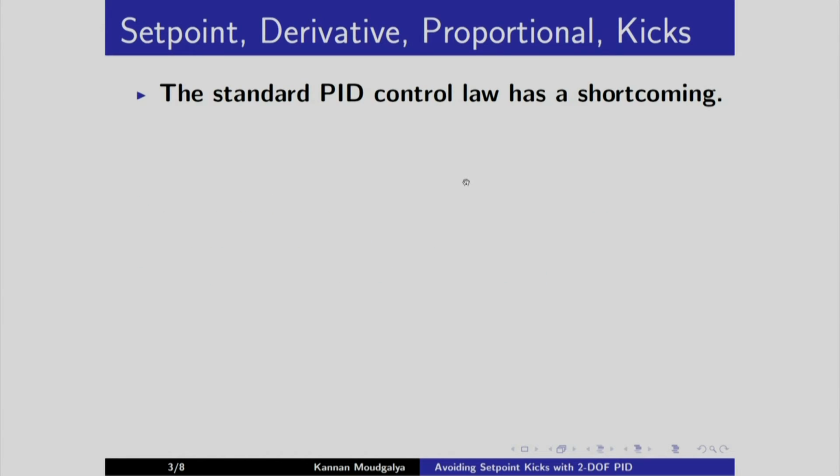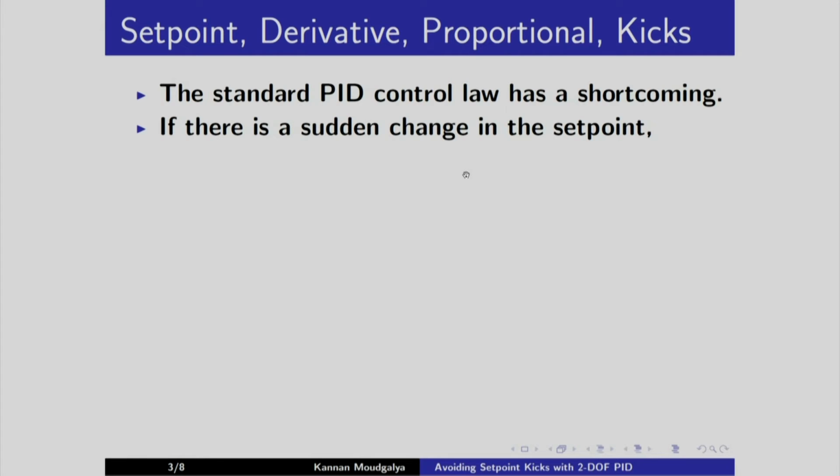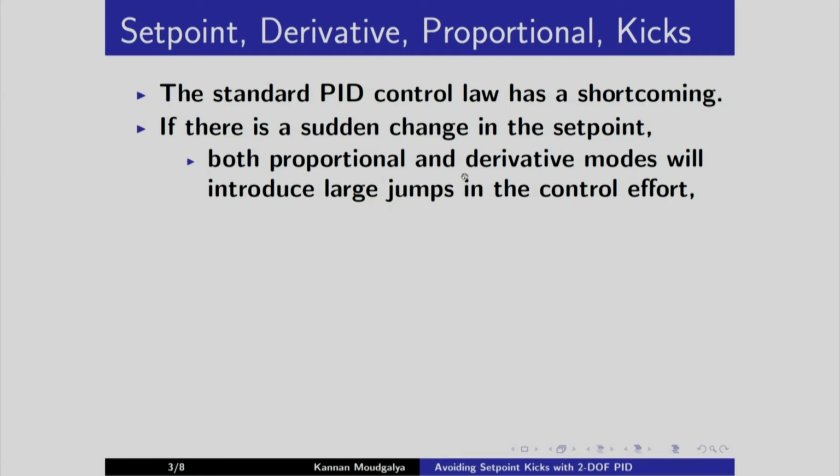The standard PID control law has a shortcoming. If there is a sudden change in the set point, say in the form of a step change, both proportional and derivative modes will introduce large jumps in the control effort, known as set point kick.